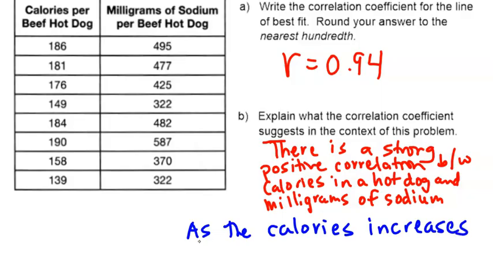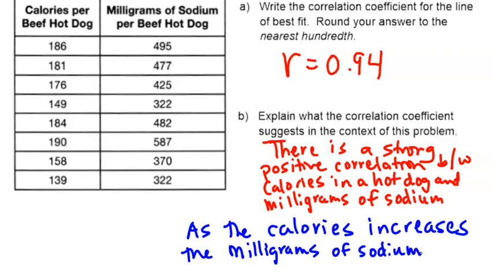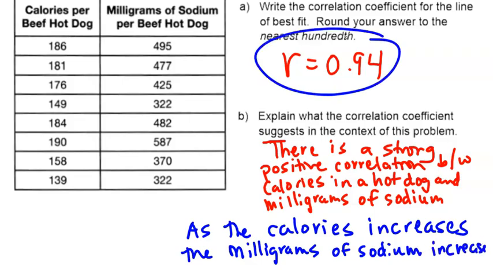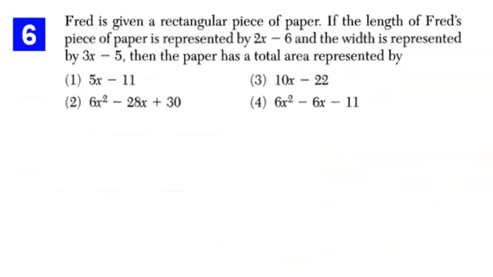As X increases, and then this is where it changes depending on the table. As the calories increase, the milligrams of sodium do what? They also increase. And I know that because the correlation coefficient is positive. So the first one is always an increase. The second one depends.